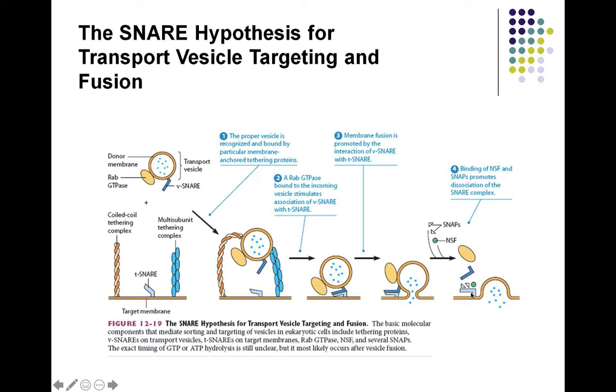Okay, if I am not mistaken, the SNARE hypothesis was first published in the year 1994. So it's almost 30 years now, the hypothesis. Rothman, the scientist, is Rothman.